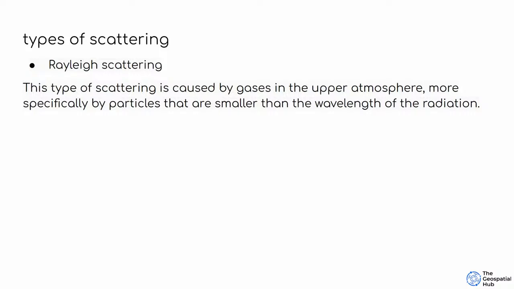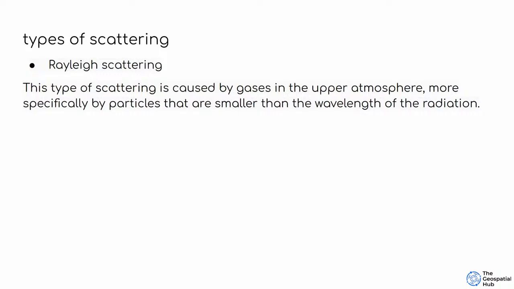So remember we said Rayleigh scattering causes shorter wavelengths of energy to be scattered more compared to longer wavelengths, and it is dominant in the upper atmosphere.